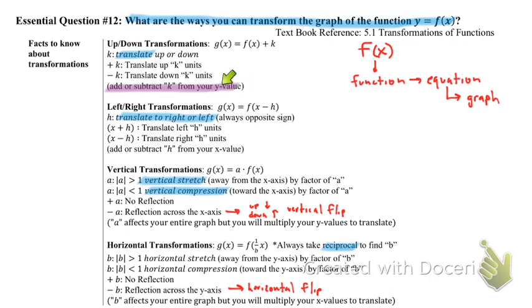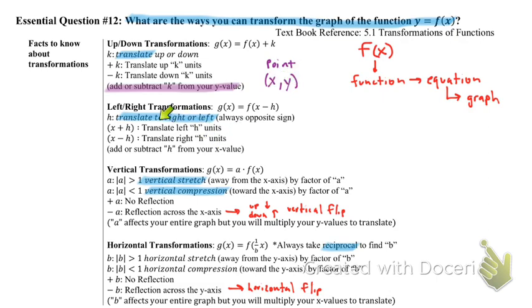This is a very important rule. This is how we're going to use it on our graphs. When I say y value, I'm talking about the y value in a point. So if you recall, every point has an x value and a y value. So our k will add or subtract to the y value.